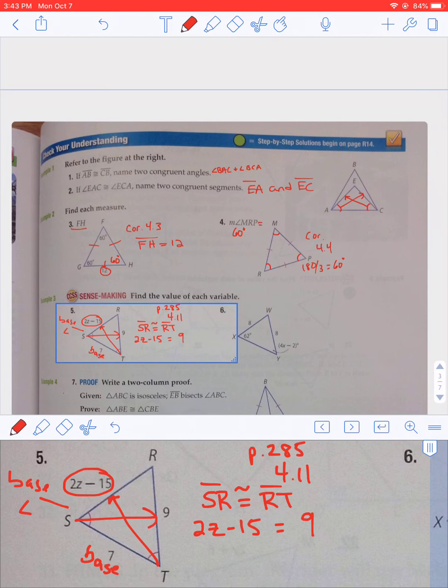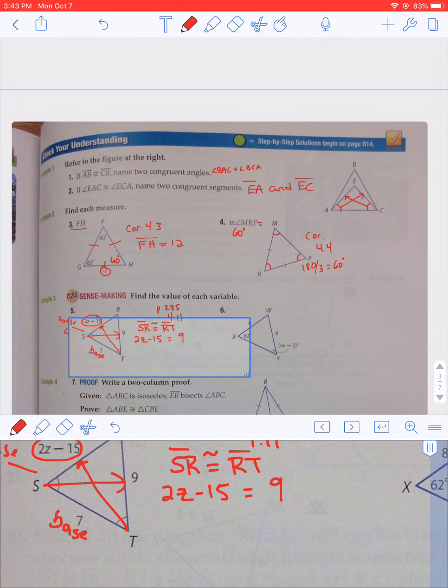But I tend to figure out my equation I'm going to use, substitute my expressions and solve. I tend to use that process over and over because it's reliable to do it that way every time. All right, so that's 24, and we do our math, and we're going to get z is equal to 12, okay, on that one.